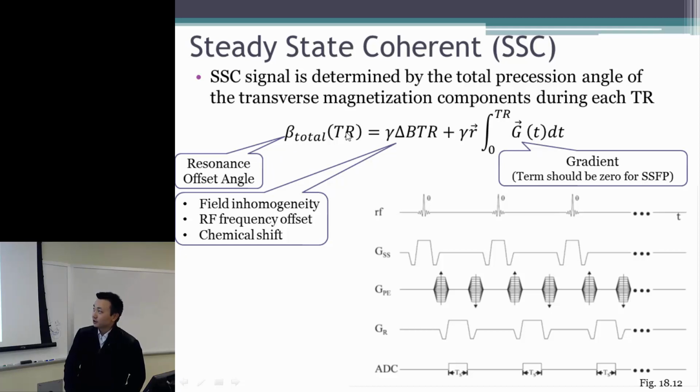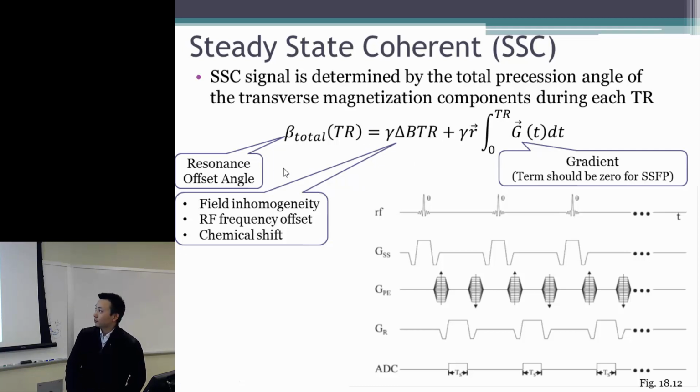It describes the total effect from, for example, the field inhomogeneities, the off-resonance frequency effect from the RF pulse, and possibly, if there are different types of tissue like fat and water, we also have to consider the chemical shift effect. So these would be contributing to this resonance offset angle.